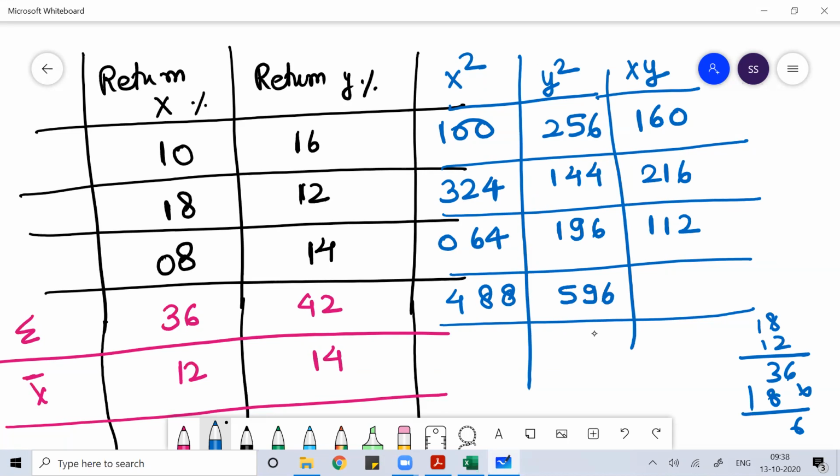You can find the sum of them. Just check if there is any mistake in the calculation part, everyone. Just check these values.